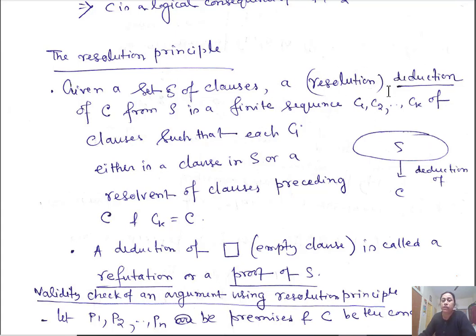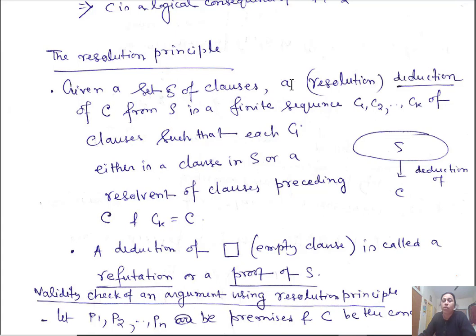Deduction of C from S. I have a collection of clauses, and S is a finite sequence of clauses C1, C2, Ck. From this collection, we get a deduction or resolution C.